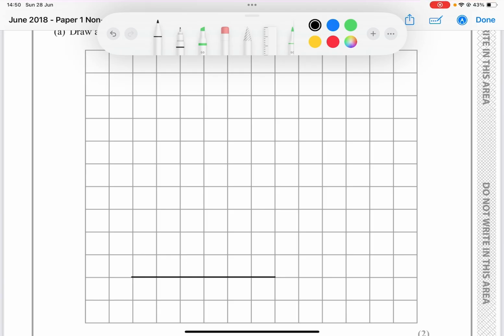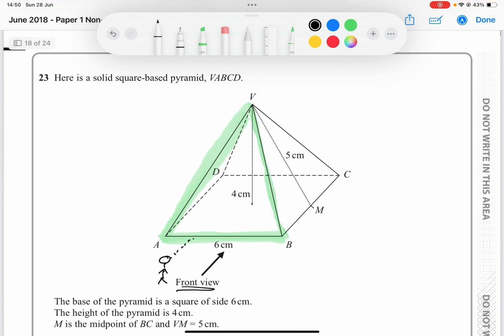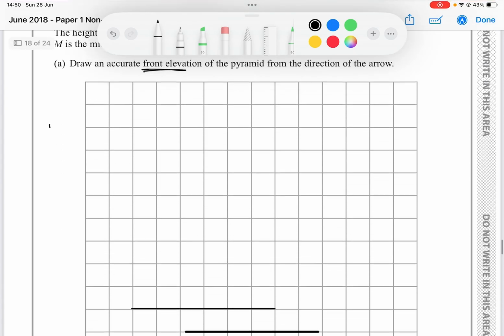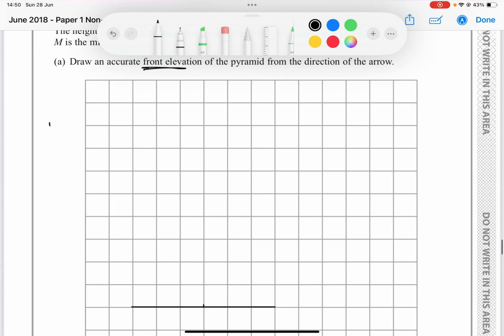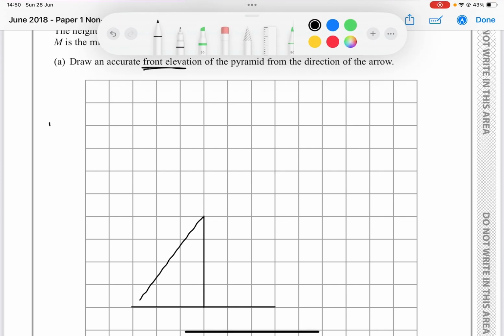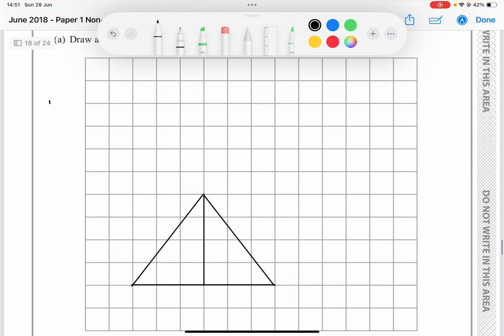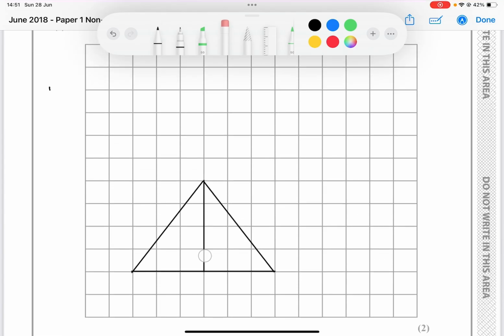Just leave it as that. And then we also know that the height is 4 centimeters. So from the middle, we're going to go up 4. 1, 2, 3, 4. There we go. And then we can just join it together over here. We don't need this bit over here, so we can just get rid of that.